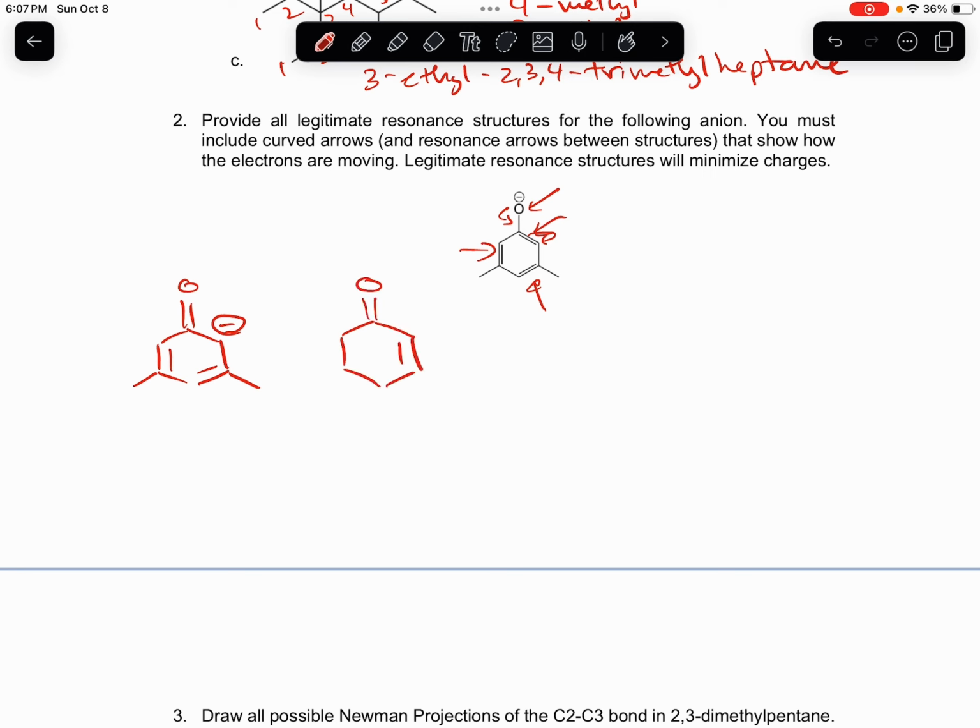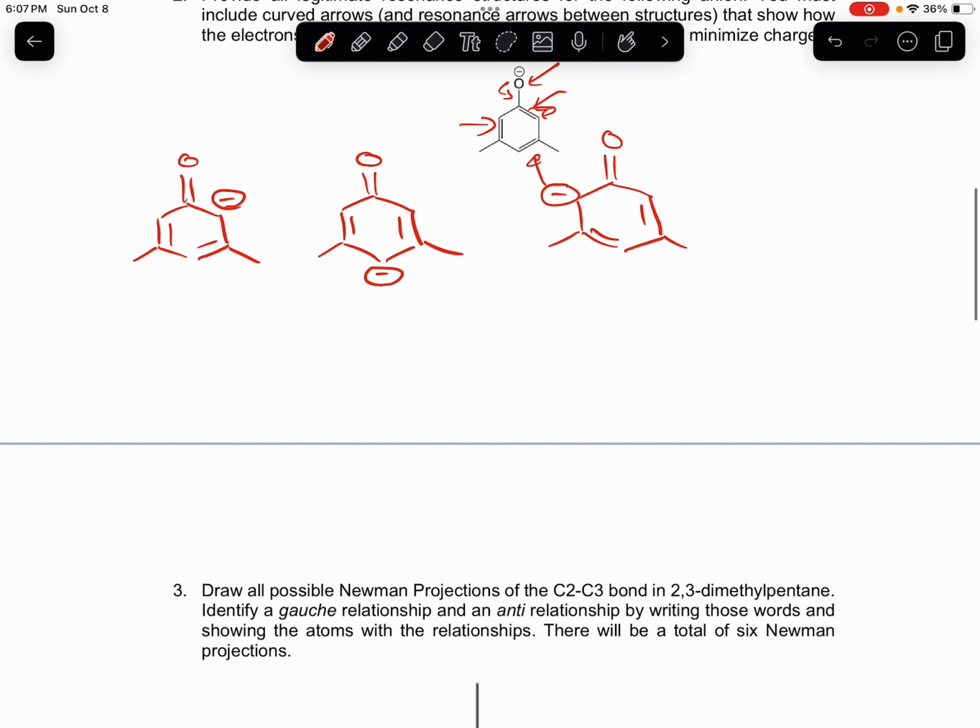So remember, when you're doing resonance structures, you need to follow the charge around. The charge is not going to go away. That's better. So those are the 3 resonance structures that you can draw, and you're just moving the double bond around once you get it into the ring.